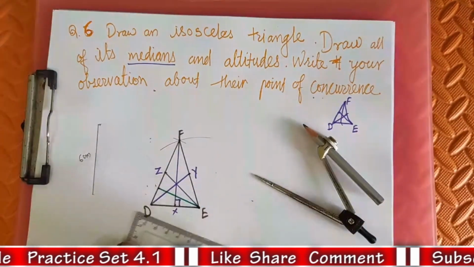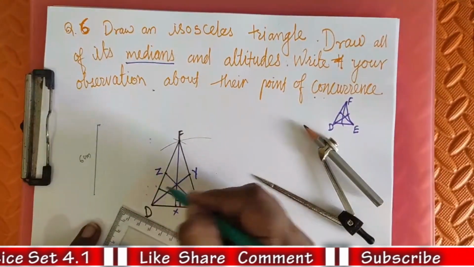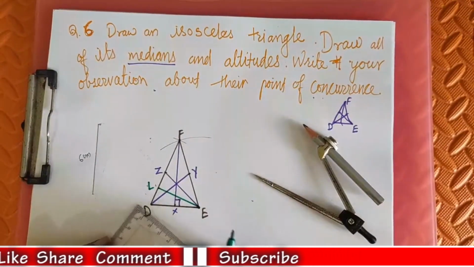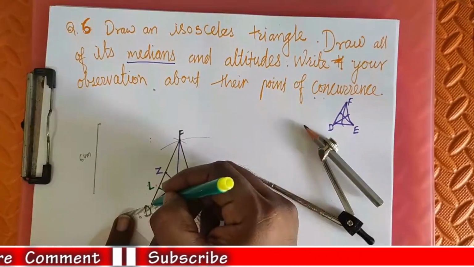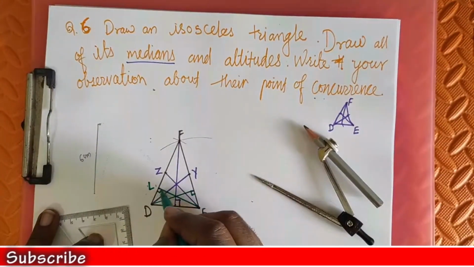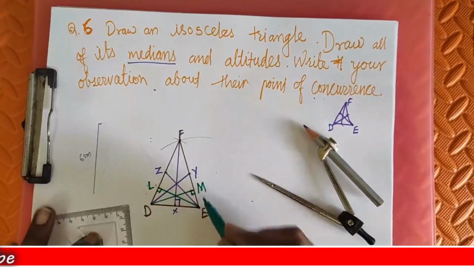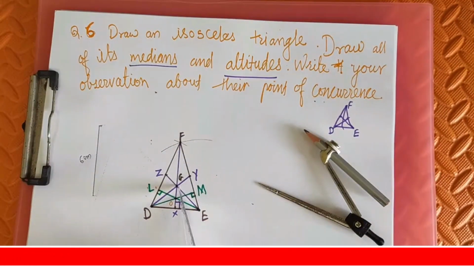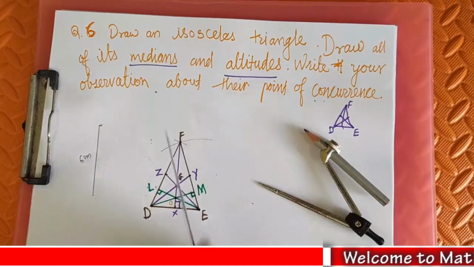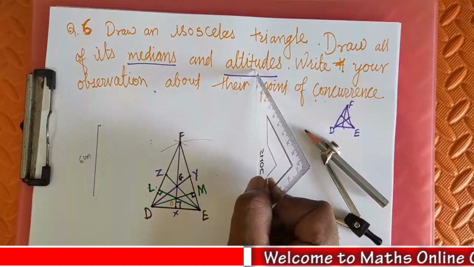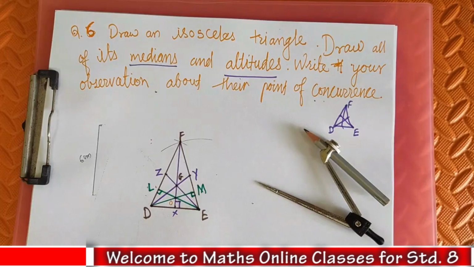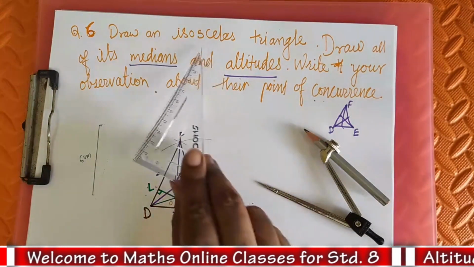Here I will give name L, and now in this way here and here M. So point G and point O lie on the segment which is median as well as altitude. It happens only in isosceles triangle.